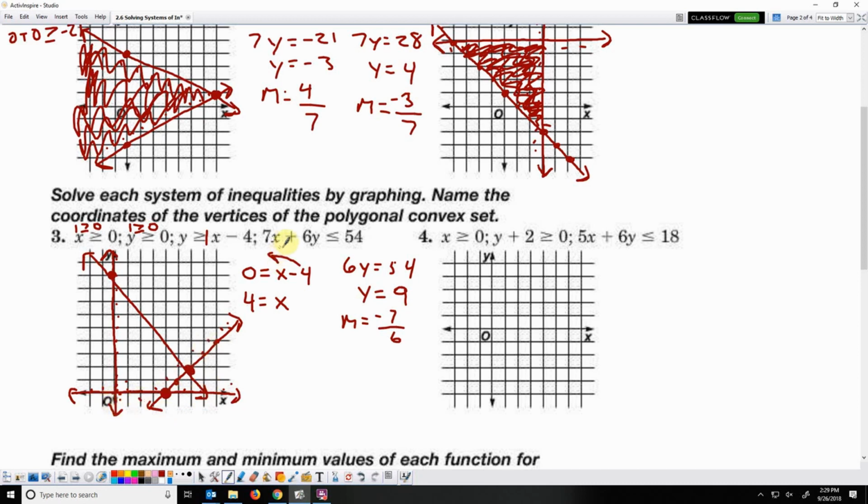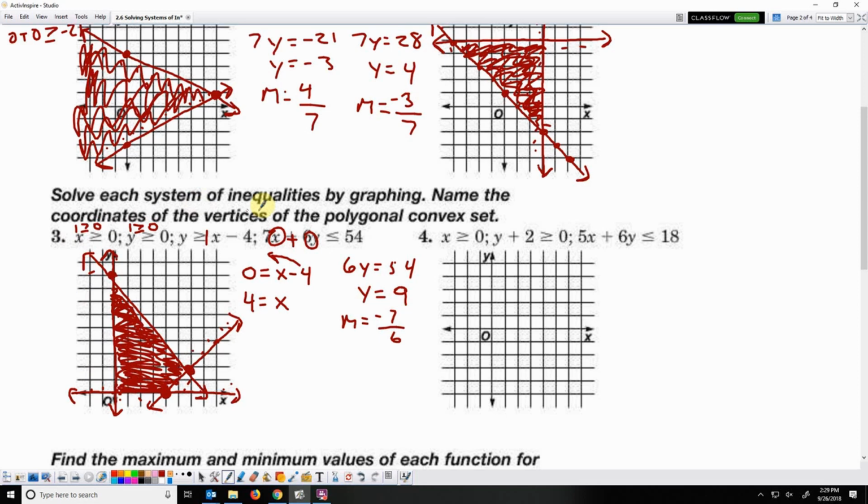And when I shade, I get 0 plus 0 is less than or equal to 54, and that is true. This one shades toward the origin, and I have shaded this area all 4 times. So that region is what satisfies all 4 inequalities.